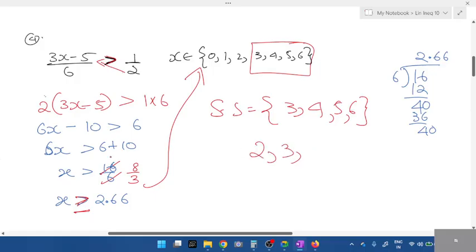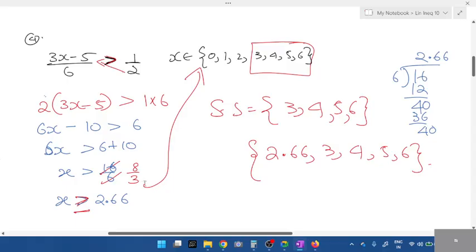No, not 2. You can't take 2 here. 2.6 is given. You have to choose from here. Is any decimal given there? No, decimal is not given. But if the equal to sign is given, you could have taken 2.6, 3, 4, 5, 6. If it is not given, you don't have to take 2. Always start from 3.